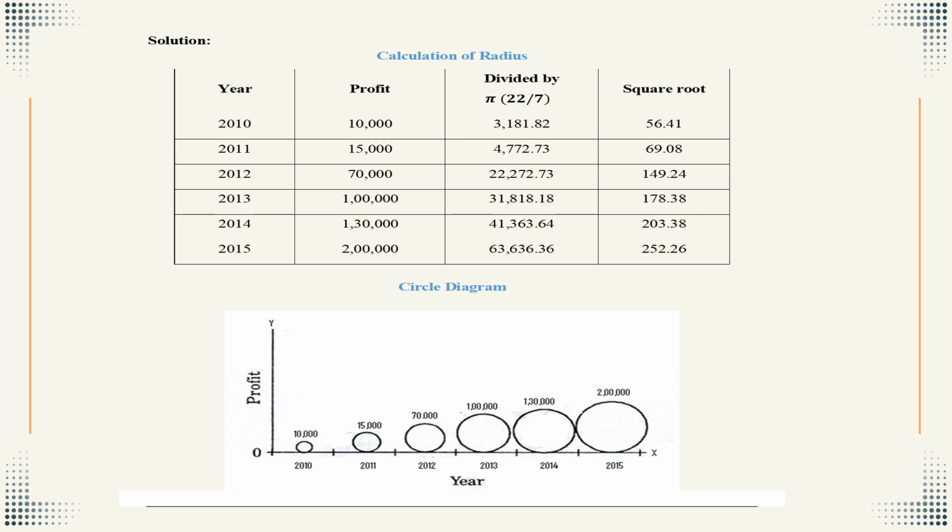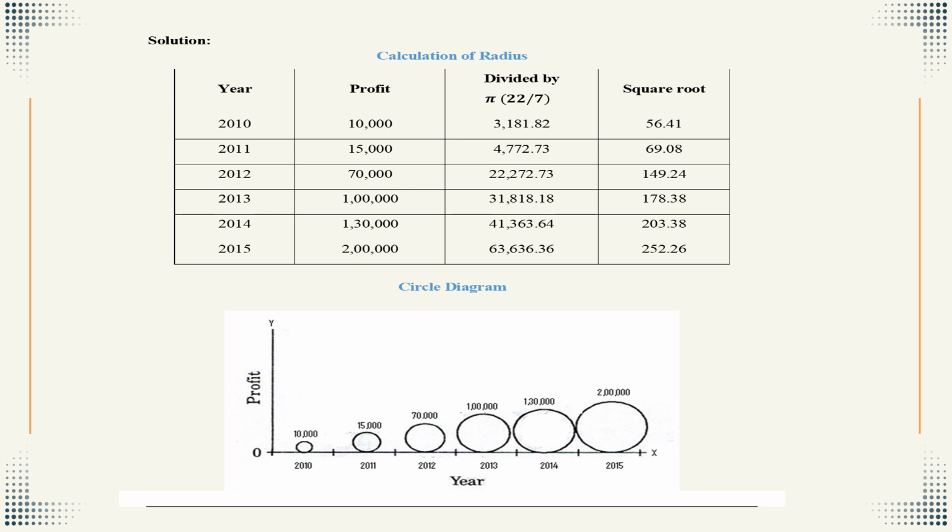Then the square root of that value should be considered. In the next one, 15,000 into 7 by 22 equals 4,772.73, and the square root of that value is 69.08. Like that all calculations should be done, and based on that the circles have been calculated and presented.